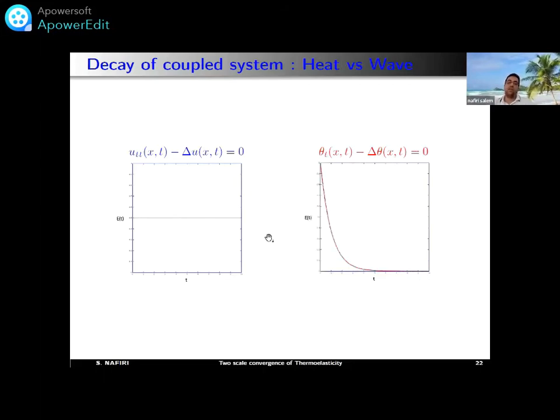So an interesting question is what character we inherit if we couple both equations: a conservative character, an exponential character, or something in between? This depends on the type of coupling that we consider.